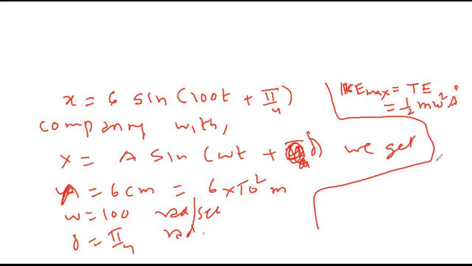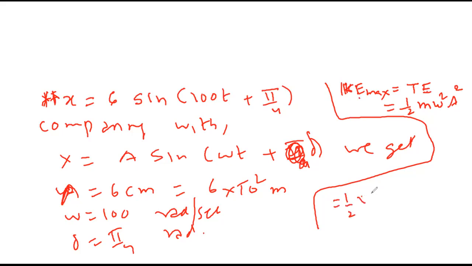This is one method. You could have also taken the derivative of displacement with respect to time, then velocity comes, so you can also do half m v maximum square. But remember one concept always: equation given, always compare first. Then we know maximum kinetic energy is the total energy, and the total energy formula we know is half m omega square a square.